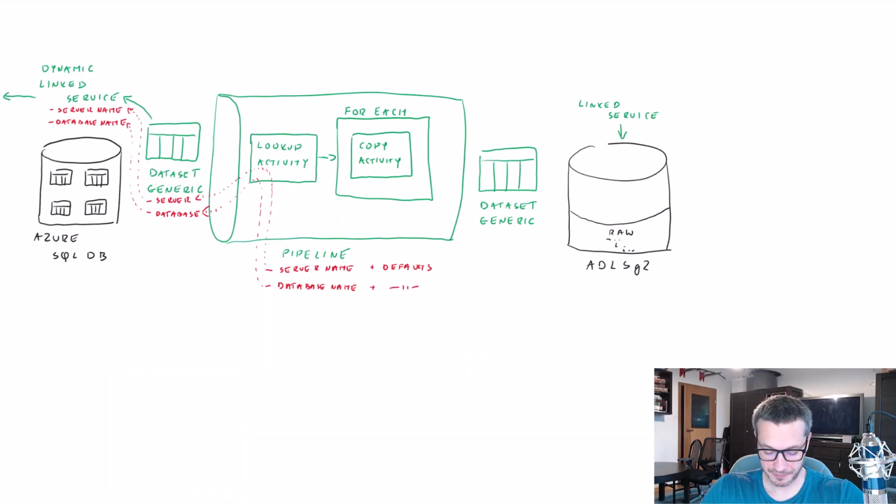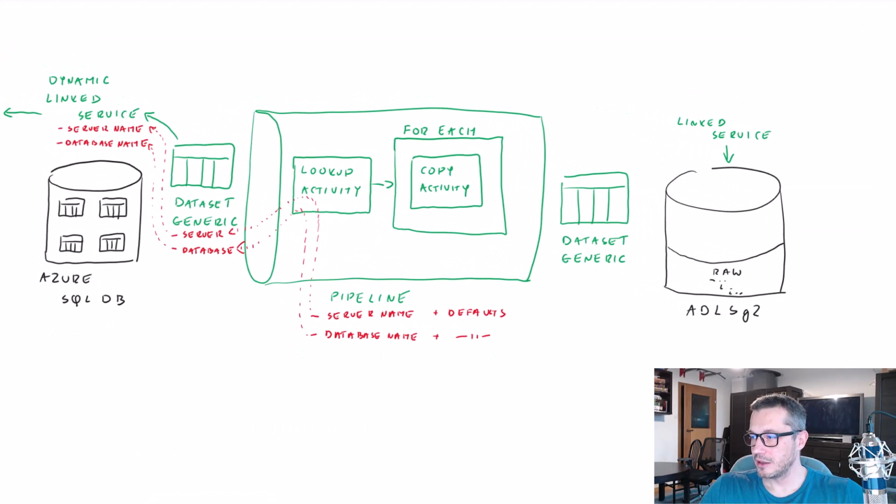So what we did? In our copy activity, I said, dear ADF, as a source, please use this dataset and use the value of database and server name that was provided as parameters for the pipeline.